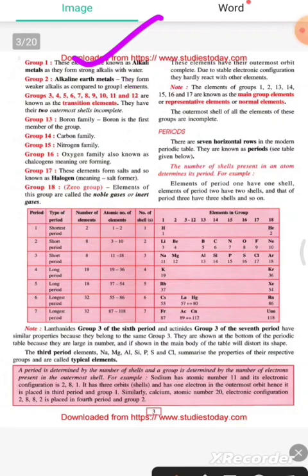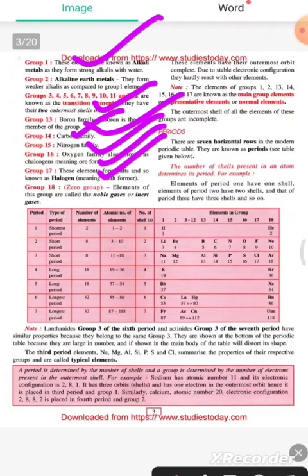Groups 3 to 12 you call your transition elements. Then group 13 boron family, group 14 carbon family, group 15 nitrogen family, group 16 oxygen family, group 17 halogens, and group 18 zero group.